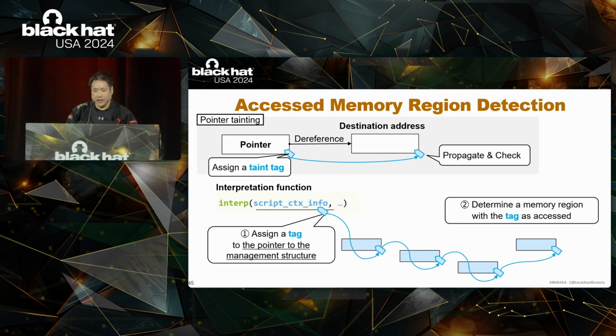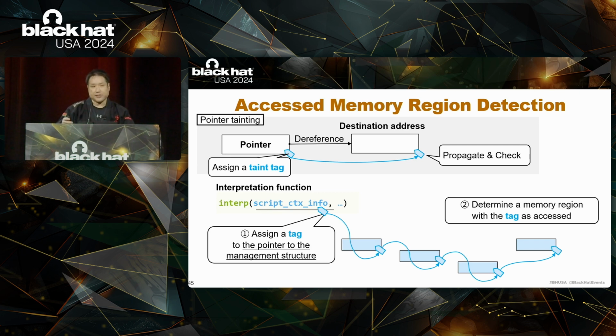So we first narrow down the memory regions to be analyzed to those referencing and accessing symbol tables. To do so, we use pointer tainting that assigns a tag to a pointer, propagates it to the delivered data, and checks whether a memory region is delivered by looking into the existence of the tag.